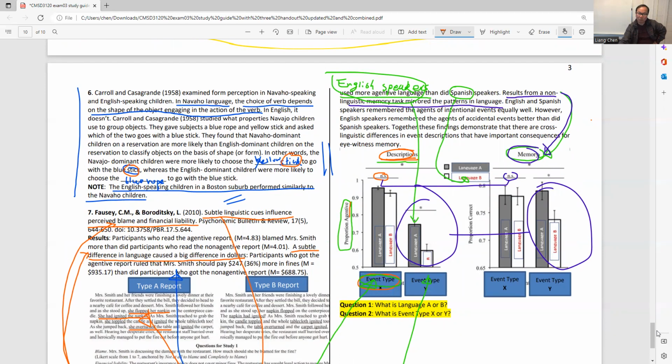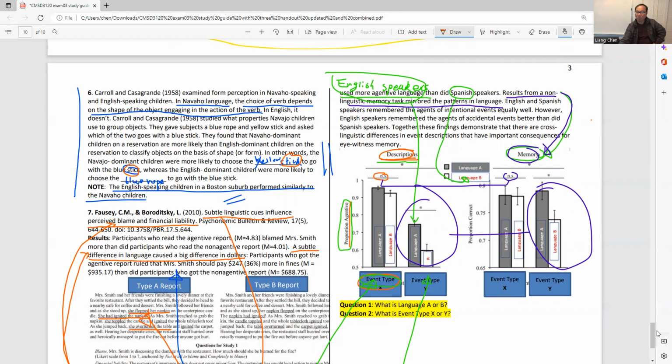These are the proportions of agentive language, so the higher the number, the more agentive language used. Since this sentence says English speakers use more agentive language than Spanish speakers, language A is English, right? Okay.